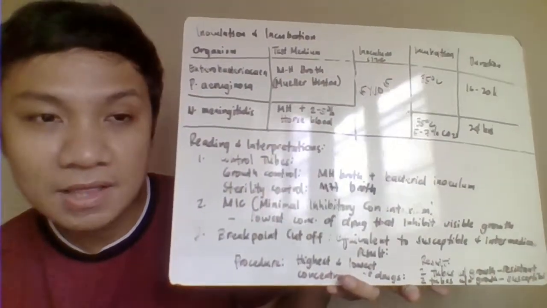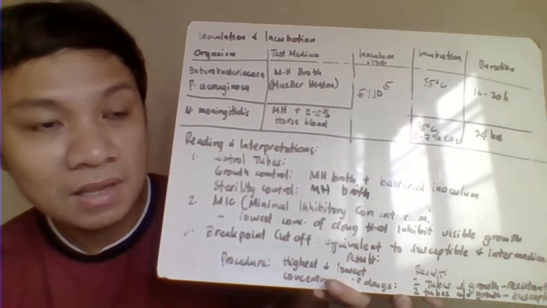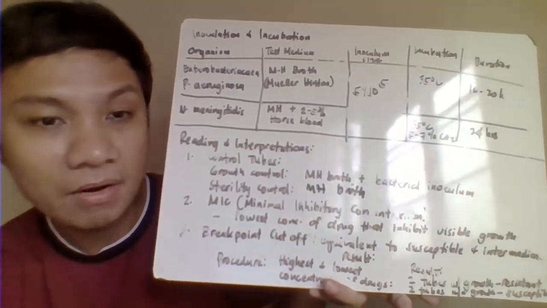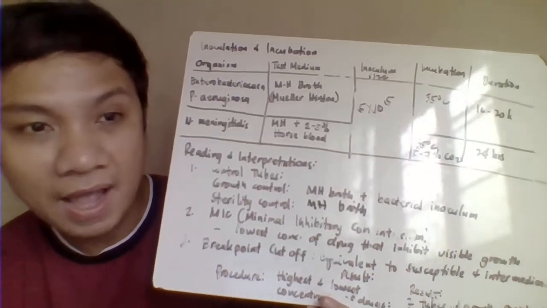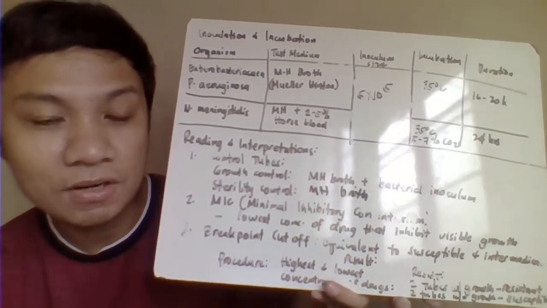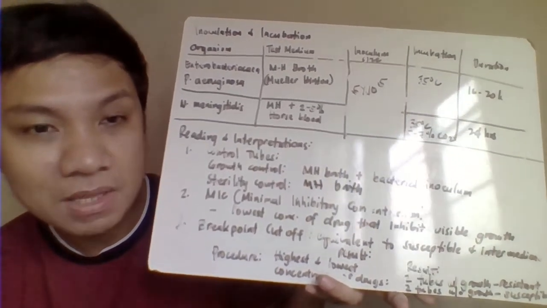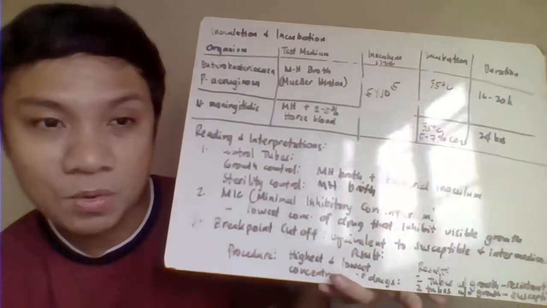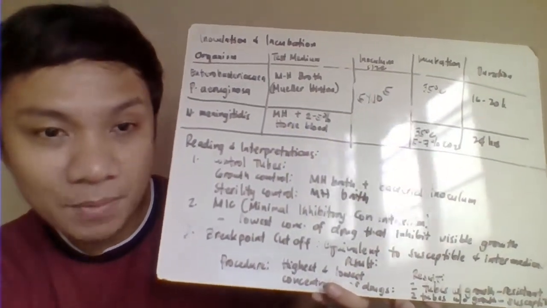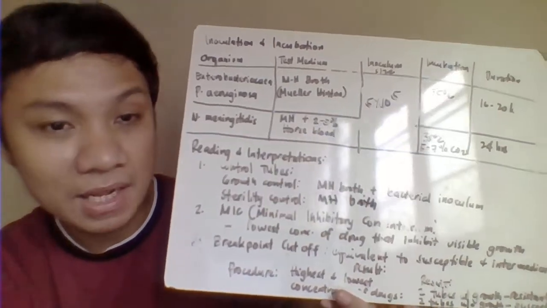Okay, then for the reporting, identify the minimum or minimal inhibitory concentration. Minimal inhibitory concentration here is the lowest concentration of your drug or your antibiotic that try to inhibit the growth. Inhibition here pertains to, anong inhibition? It try to suppress the growth of your bacteria, but it doesn't mean it try to kill.